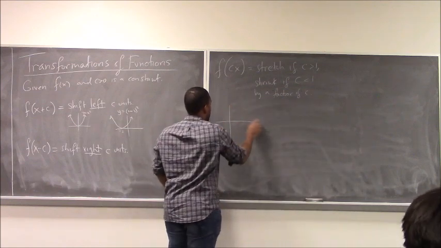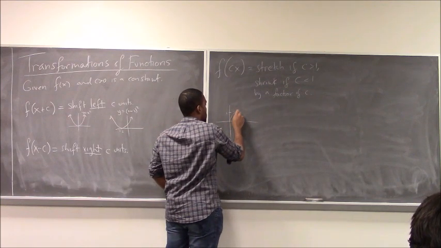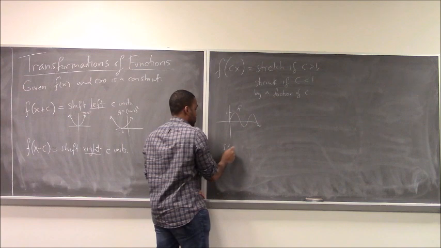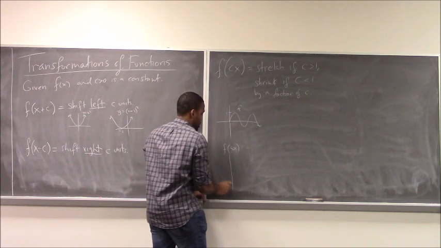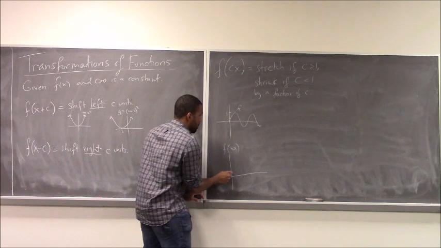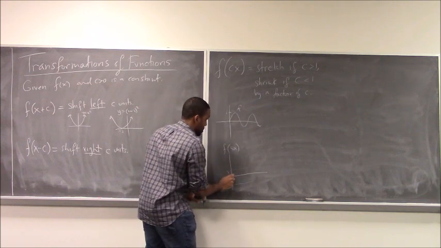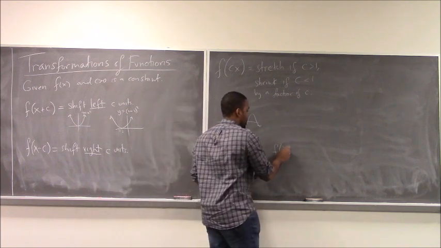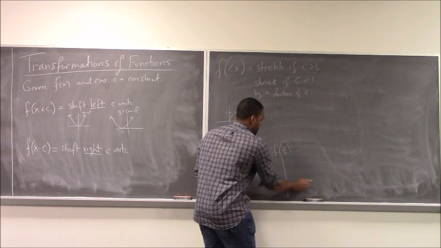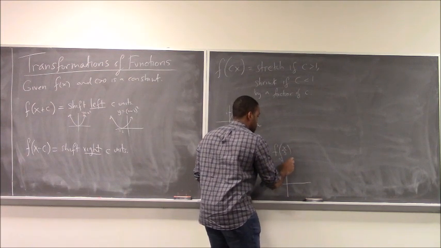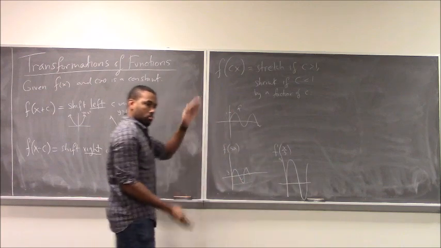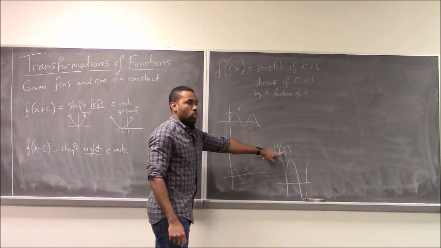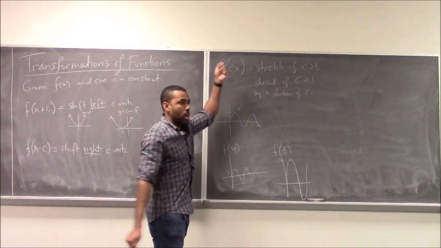So for example, if you have a function that goes up to 1 and does this, and that's your f, then your f of, say, 5x is actually going to shrink it to 1/5 of its size. While if you have f of x divided by 5, that actually stretches it to 5 times its size. The idea is you're giving the output a smaller number to work with, so it has to overcompensate by making the y value bigger.